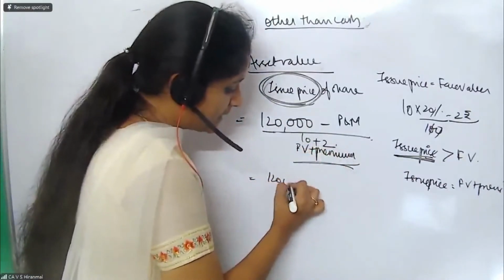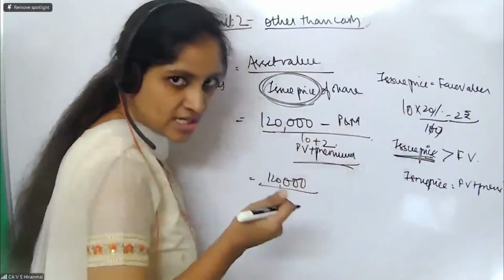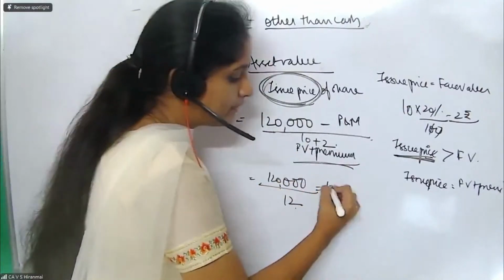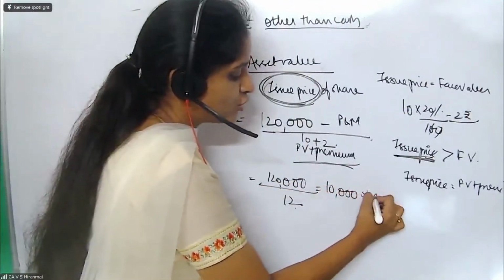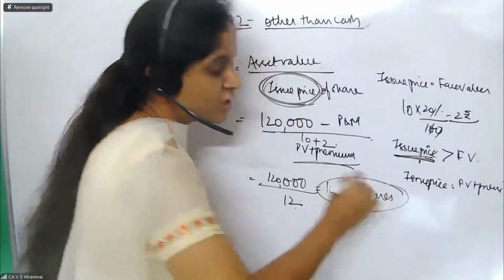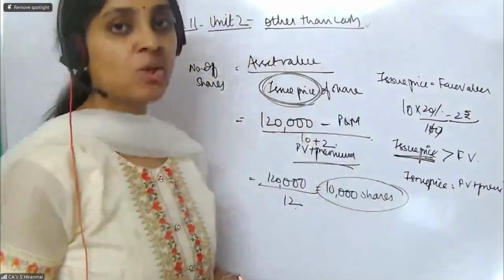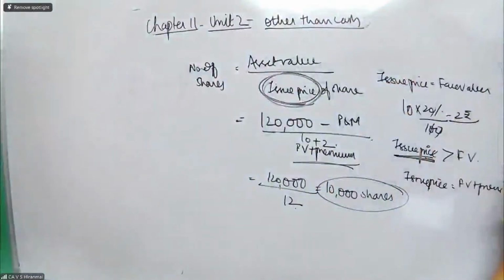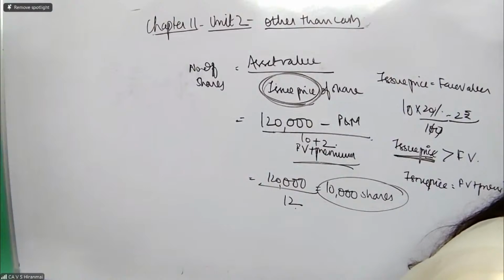So for the 1,20,000 worth asset I purchased, my issue price is 12. So to that particular vendor, I will issue 10,000 shares. So he will be given 10,000 shares in my company for the asset of 1,20,000 that he has given to me. Is this clear?